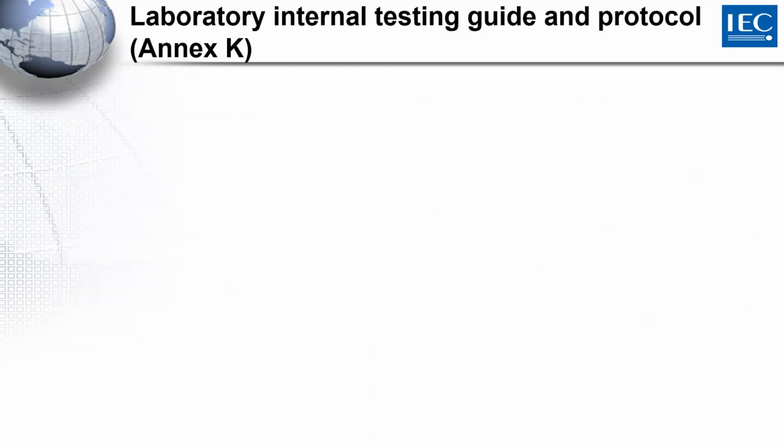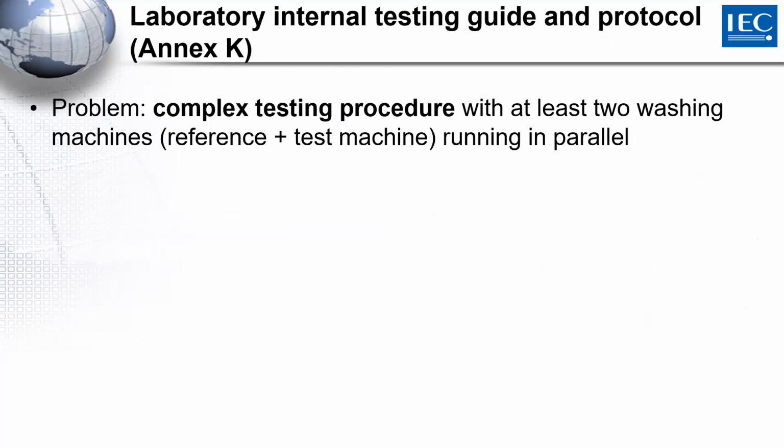Another point which is new, at least partly new, is the Annex K, which is called Laboratory Internal Testing Guide and Protocol. Because we have a very complex testing procedure. It's not complex with the 6th edition. It was already complex before, but it is complex in itself because we are testing 2 washing machines at the same time.